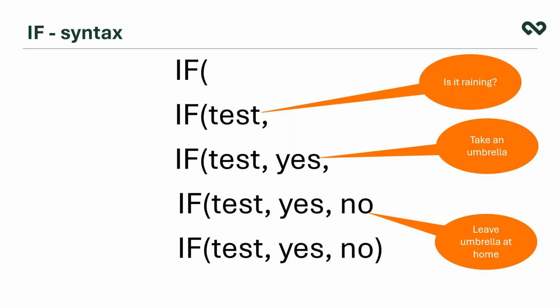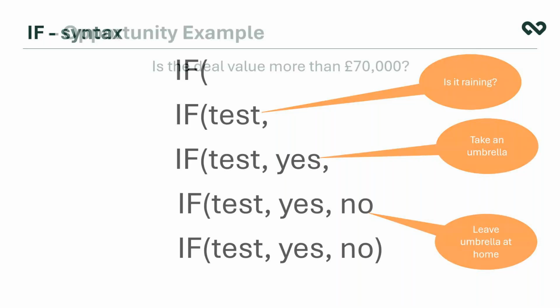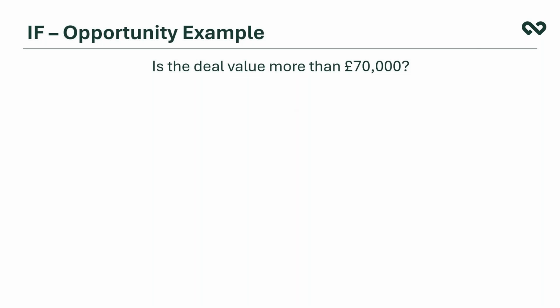Knowing this, imagine you want to have a column in a report that tests if the value of an opportunity is greater than 70,000, and you need to show this in your formula.